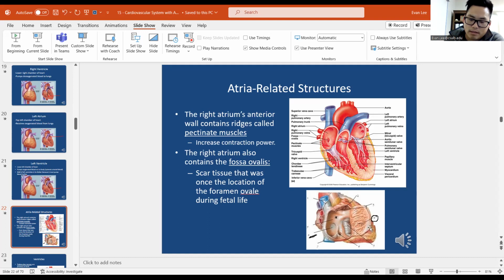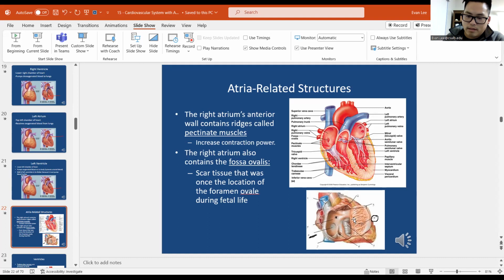Those are actually muscles. Those muscles are called pectinate muscles, and they basically help with squeezing that blood down into the ventricles. It's not going to do a whole lot because remember, it's not pumping the blood very far, it's just pumping it down. But just to make sure that you can fill up the ventricles as much as you can, you pump that blood down as best you can with these pectinate muscles.